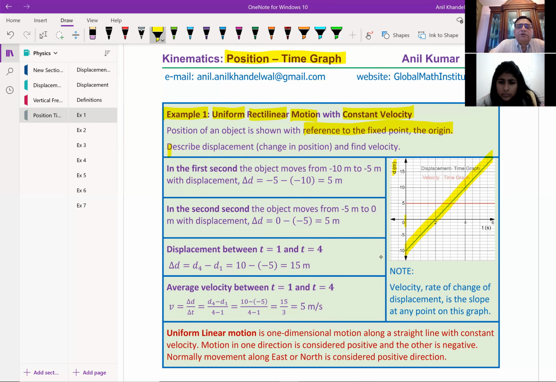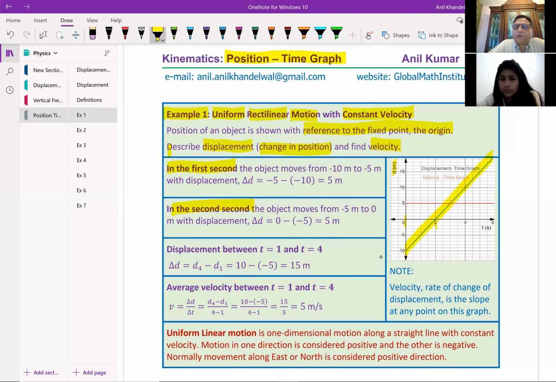You need to describe displacement, which is change in position, and find velocity for the given graph. That is the exercise which we are going to do. So what I've done here is basically split it into small units. So we're saying in the first second, what is happening, in the second seconds, what is happening, right? And then we will elaborate on this.